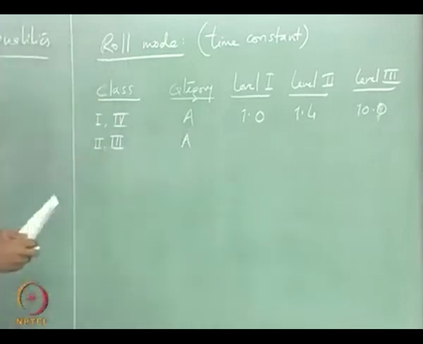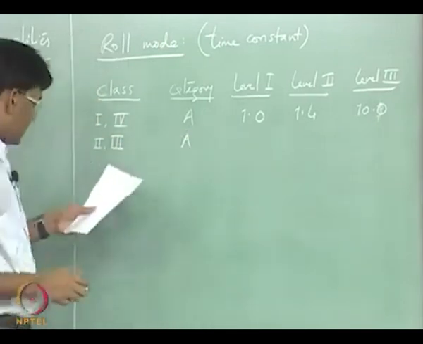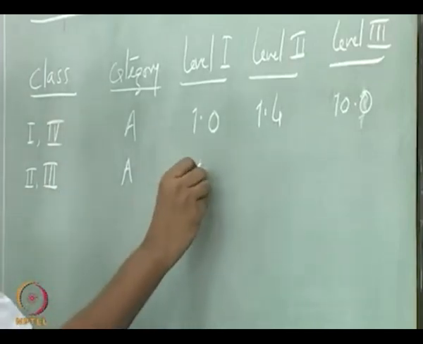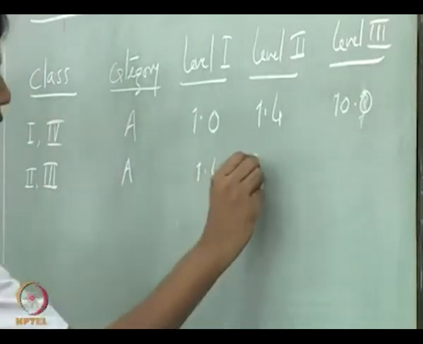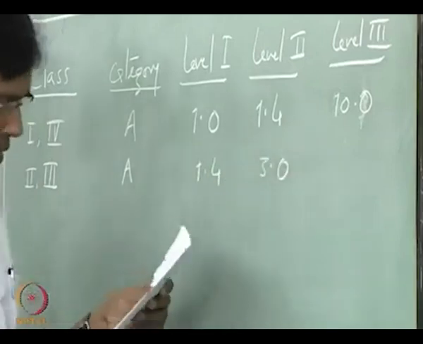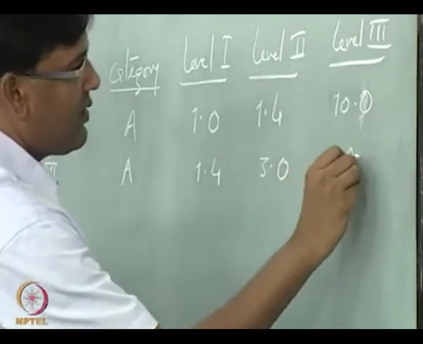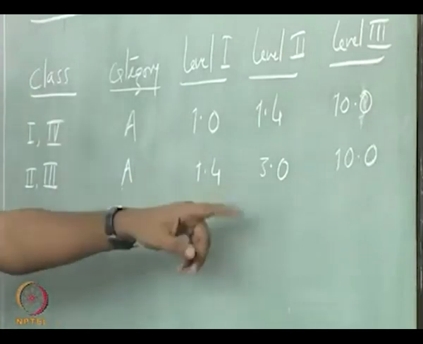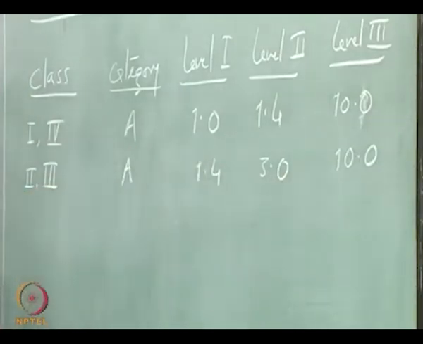Class 2 and class 3 aircraft in category A, these numbers are a little different, 1.4, 3 and 10.